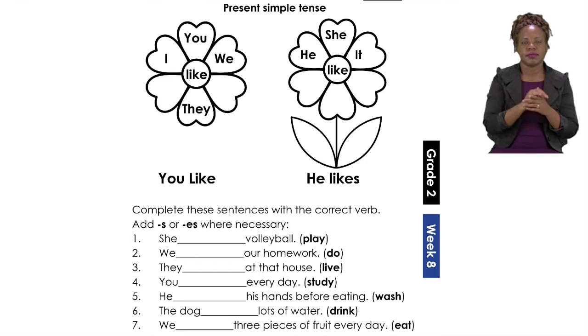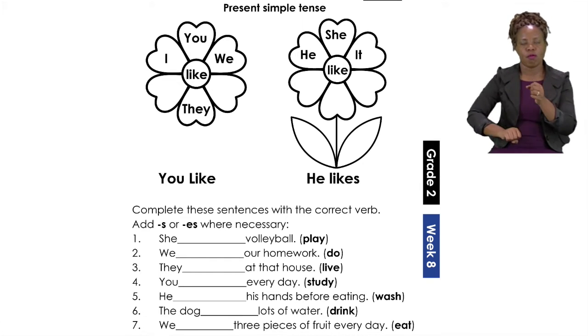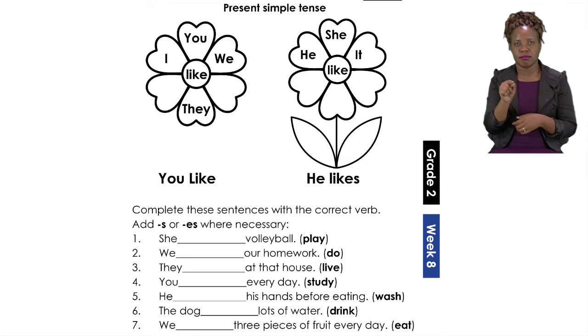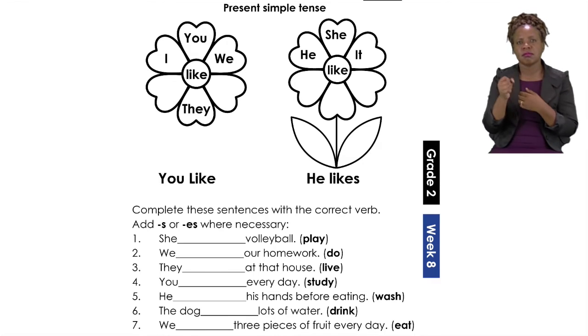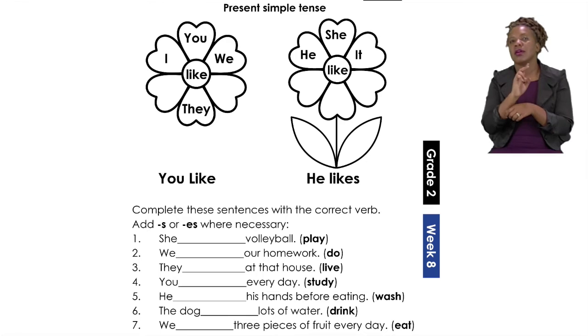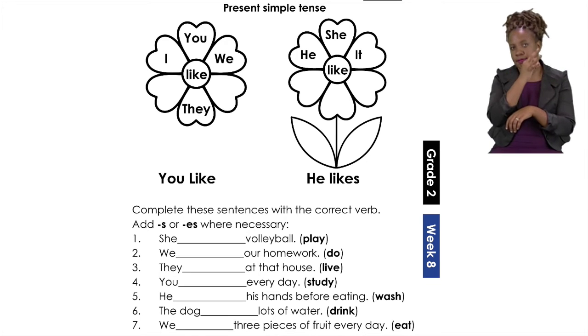It says, she dash volleyball. So, she dash volleyball. Now, if you take a look at our flower, we have the word she in the second flower. And we said that when we have that word, our like turns into likes, which means that we are adding an s.